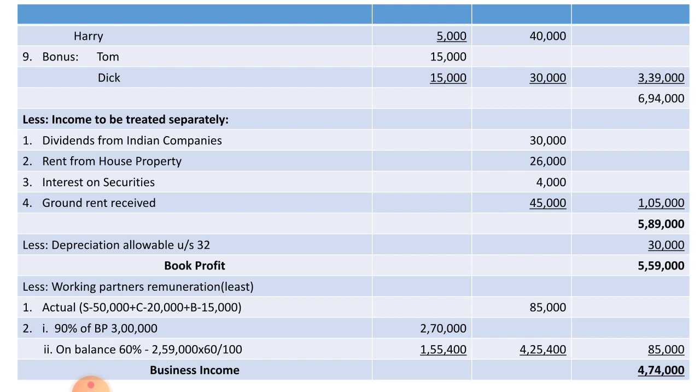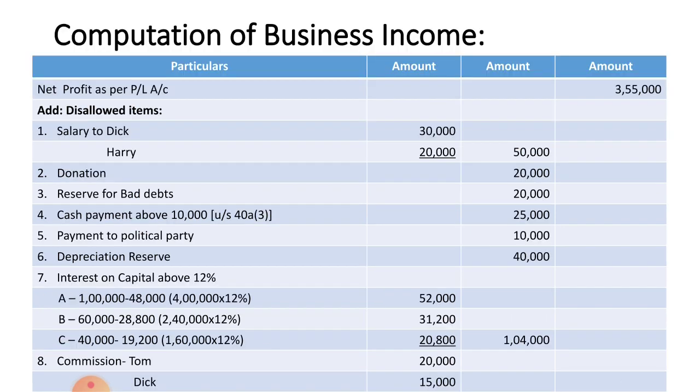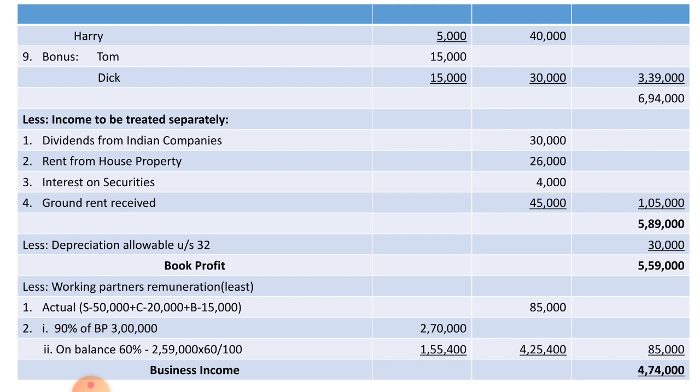When you add this 3,39,000 to 3,55,000, you get 6,94,000. From this you have to deduct income to be treated separately, and you have to deduct one more thing, that is allowed expenses not mentioned in the profit and loss account, that is 30,000.